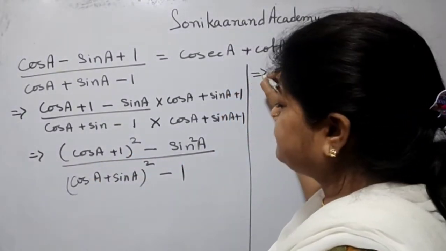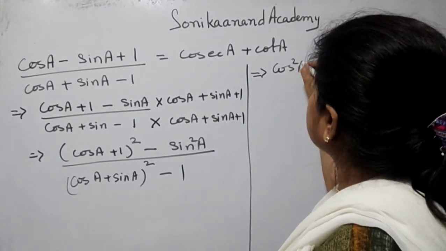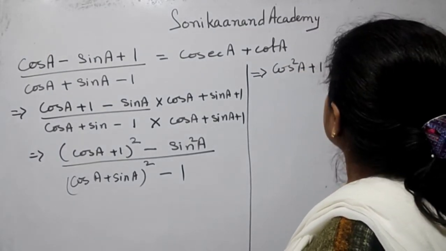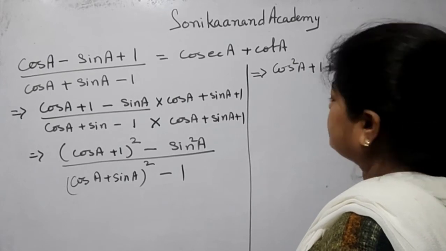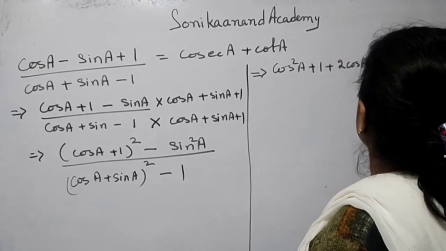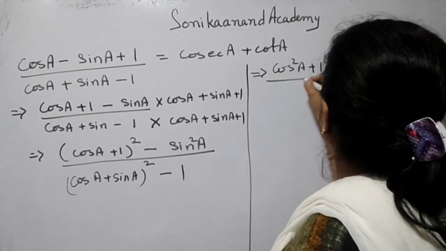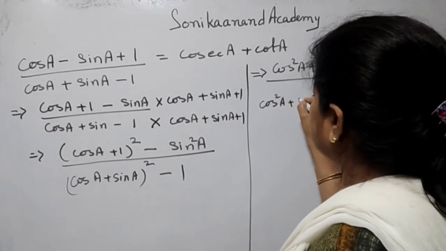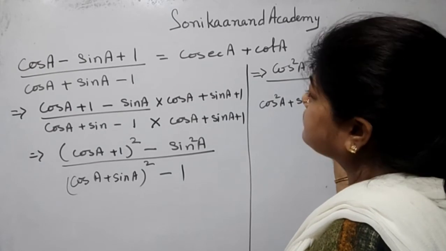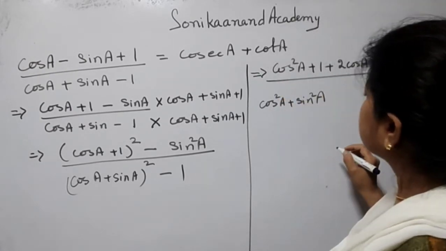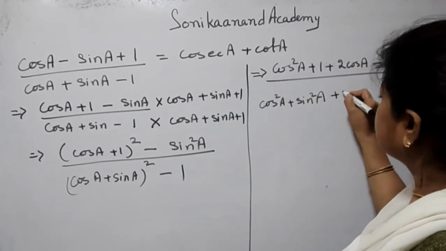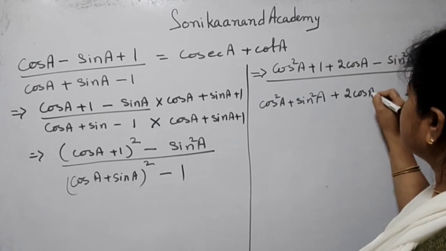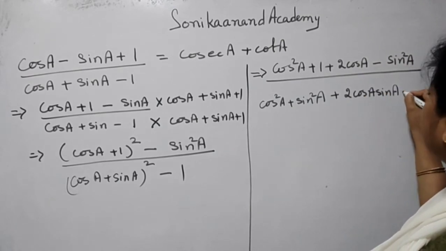What are we left with? Cos square a plus 1 plus 2 cos a minus sin square a. Here we get cos square a plus sin square a plus 2 cos a sin a minus 1.